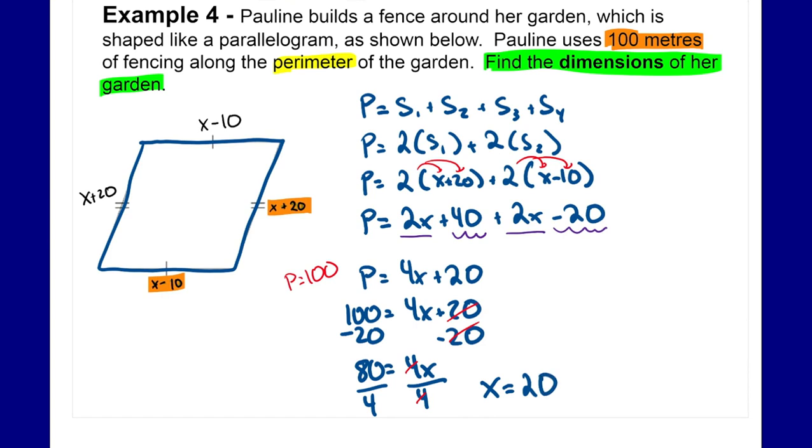Am I done? Nope, I am not. And again, that goes back to the importance of highlighting the question. The question said, find the dimensions of her garden. X isn't a dimension. X is just what the variable equals. If I want the dimensions, I have to go back and say, okay, x minus 10, instead of x it is 20. So 20 minus 10 equals 10. So my one dimension is 10 meters.